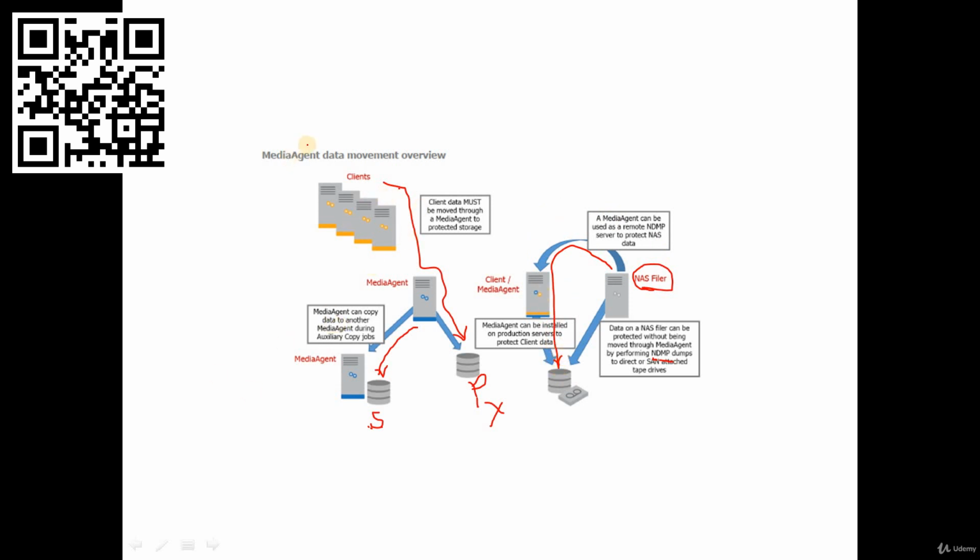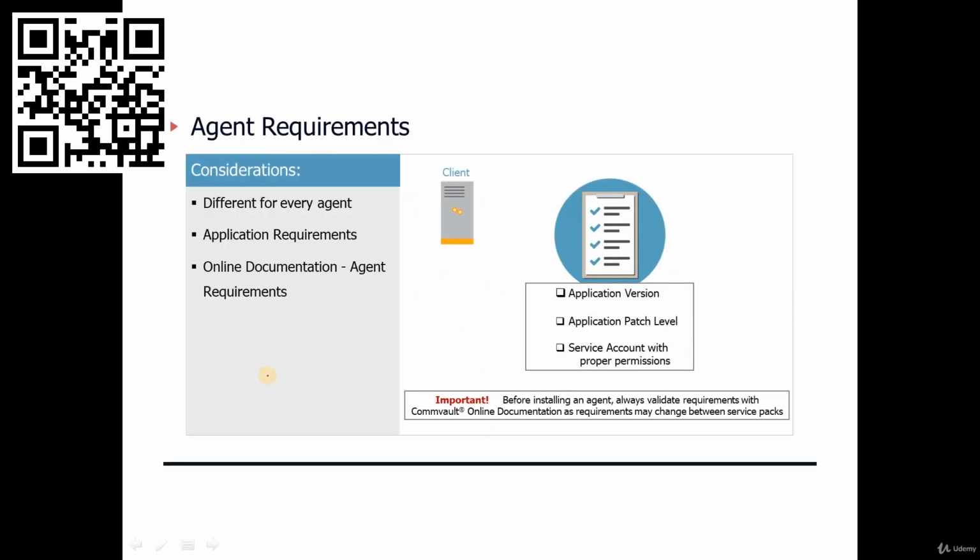So the purpose of giving these various examples is to show how the media agent handles the data from clients. When it is receiving data from the clients, it is going to transmit it to the disk library and apply the retentions that are required.